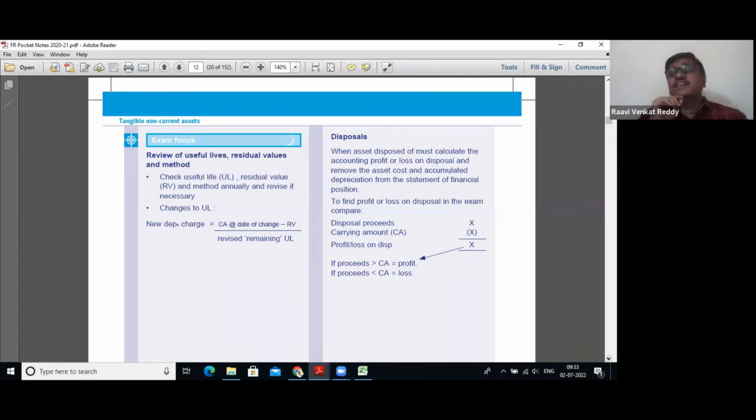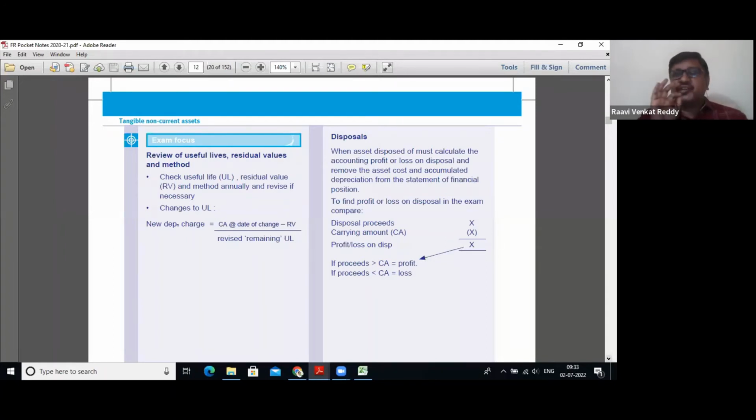If the disposal proceeds are more than the carrying value, we consider it as profit on disposal of an asset. And if the disposal proceeds are less than the carrying value, we consider it as loss on disposal of the asset. We account for this profit or loss on disposal in the statement of profit or loss.